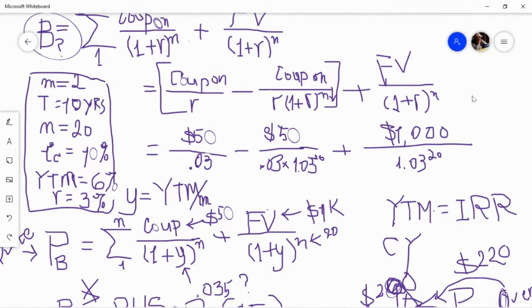So if you use too small a discount rate, the intrinsic value can be overvalued. Or if it is too high, then the valuation can be undervalued. So it's a question of what the discount rate is.